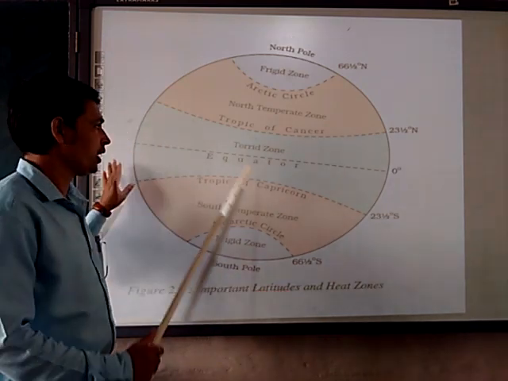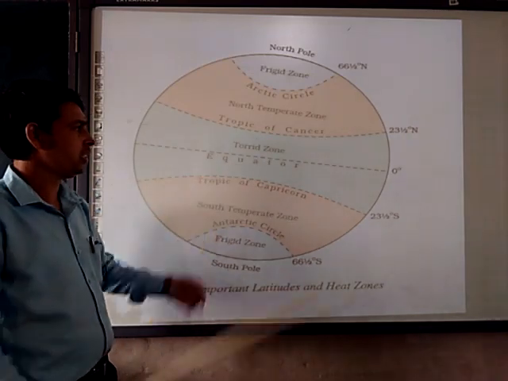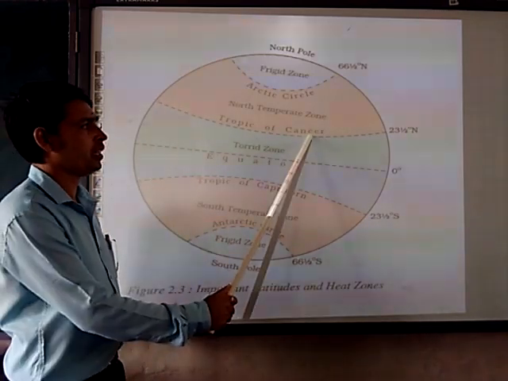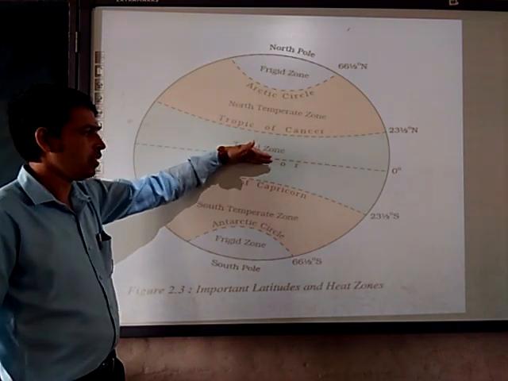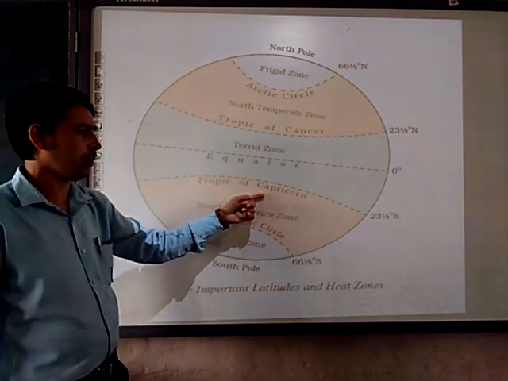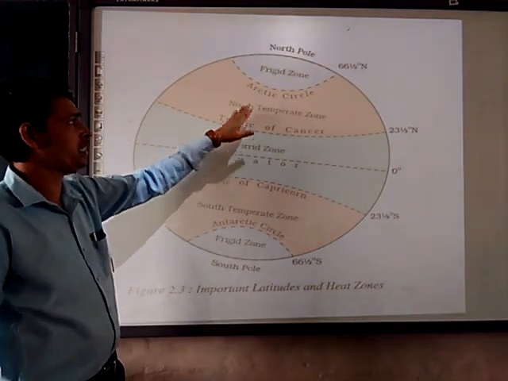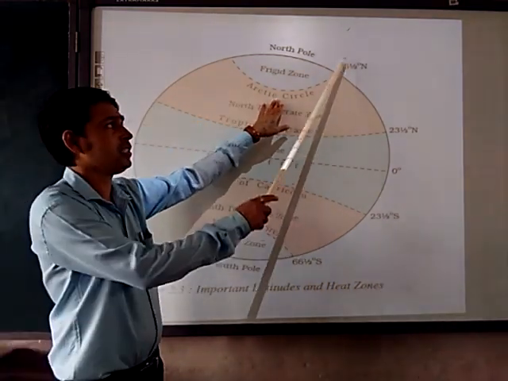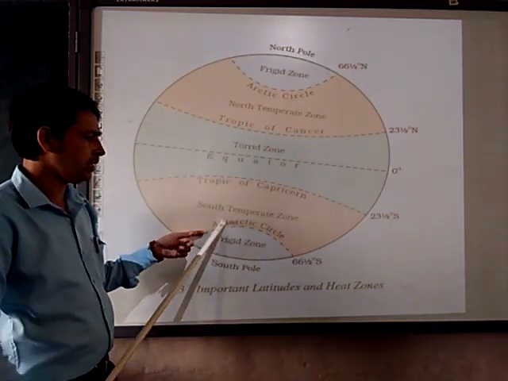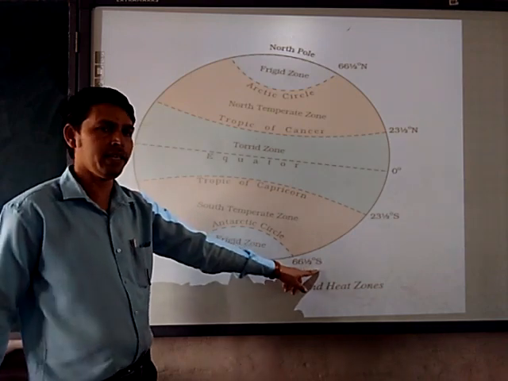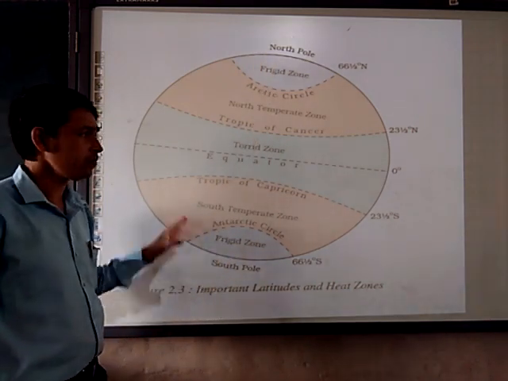Here, first is 0 degree, that's the equator. Then the Tropic of Cancer above the equator, that means north. Below the equator, the Tropic of Capricorn, 23.5 degrees south. Then above it the Arctic Circle, 66.5 degrees north, and below, the Antarctic Circle, 66.5 degrees south. And these are the frigid zones, North Pole and South Pole.